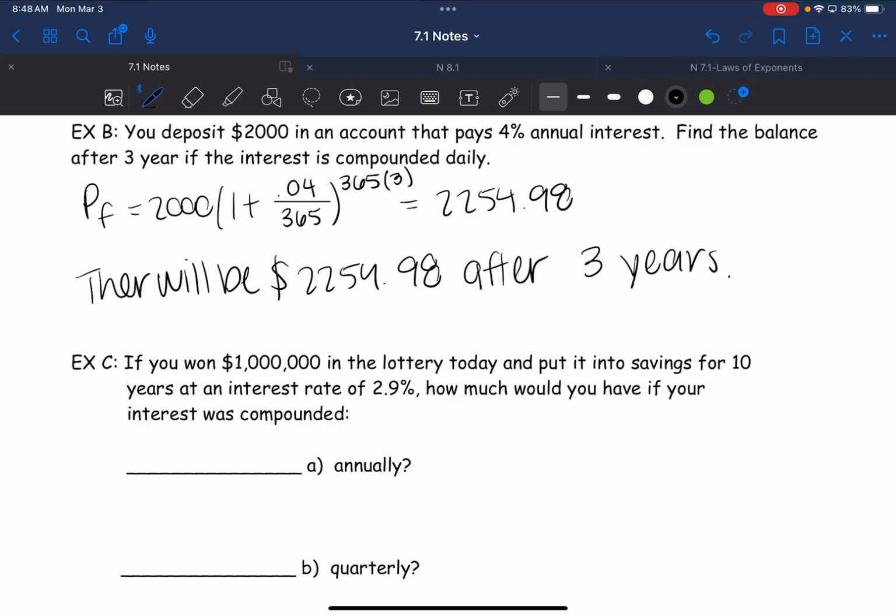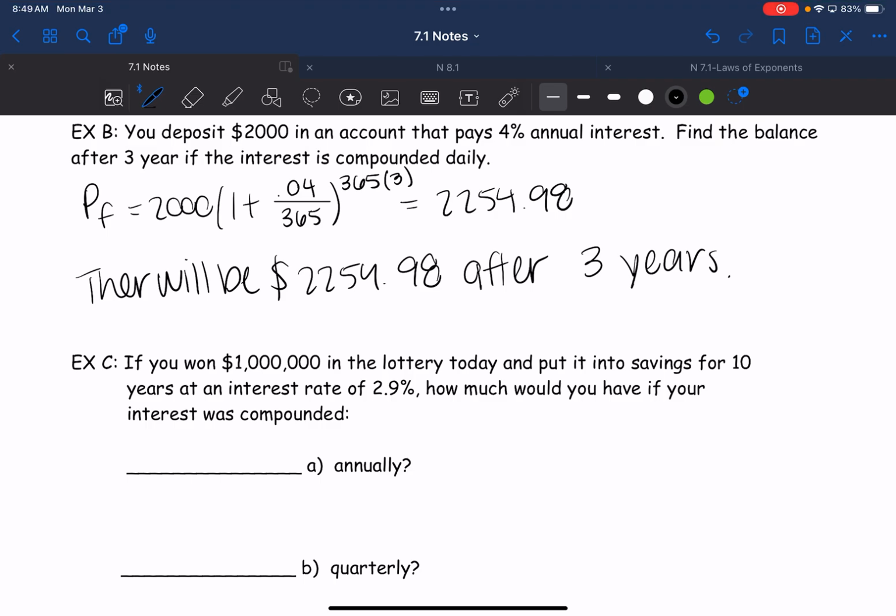Annually means how often? Once, just once a year, okay? Quarterly, monthly, or daily. So let's see if we can figure out what each one of these would be and which one's going to be the best deal for us. Which one would we want to use if we win the lottery? Would we want it compounded annually, quarterly, monthly, or daily?